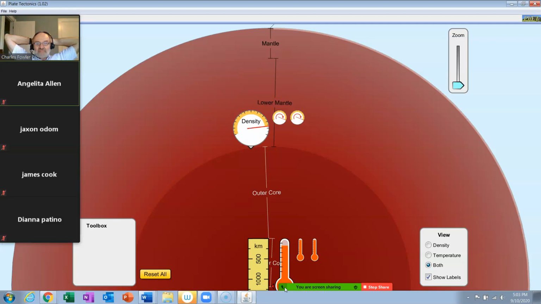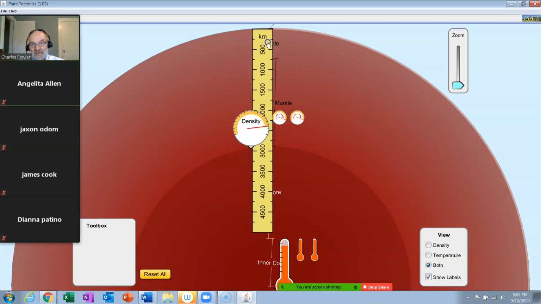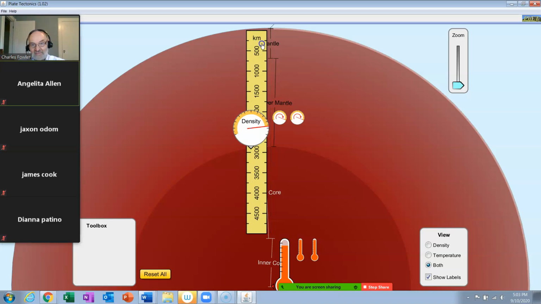Number 36. I don't know. What is it next? Move the ruler back to the surface and the density meter down in the outer core until you exceed 300. Okay. From the surface there. Okay, we're going to move the ruler back to the surface. And see, the ruler only goes so far.